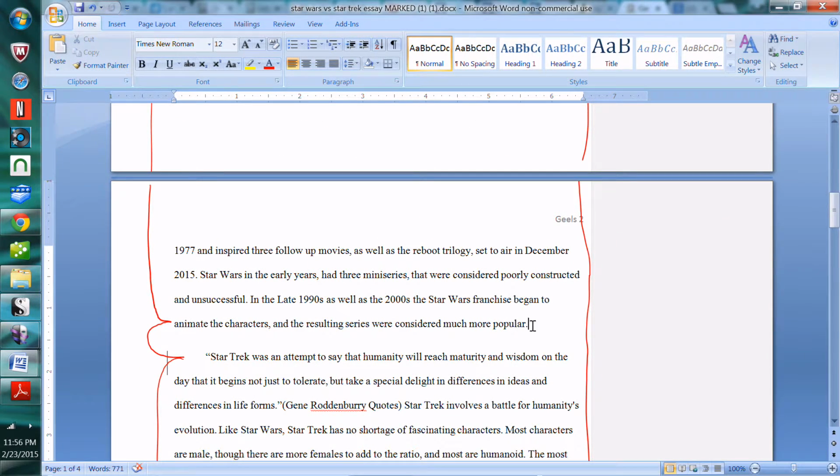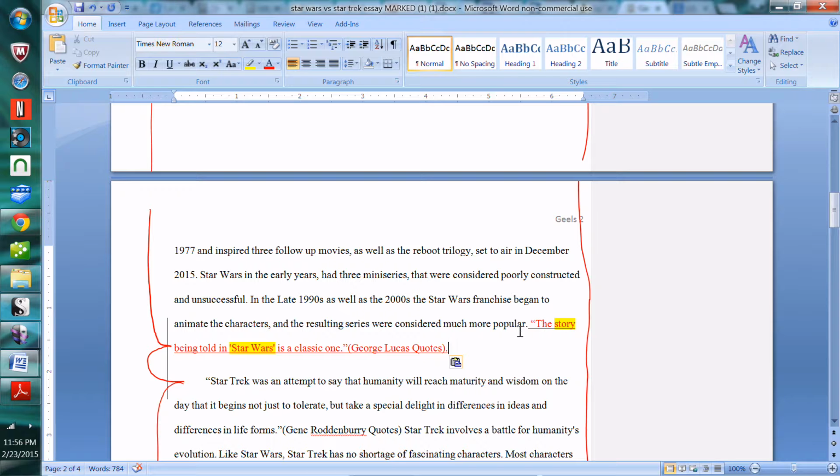And I'll put it here. And I'll delete it when we're done here. In the late 1990s, I think I said 1900s earlier, as well as the 2000s, the Star Wars franchise began to animate the characters, and the resulting series was considered much more popular. Now here's our beginning. The story being told in Star Wars is a classic one.